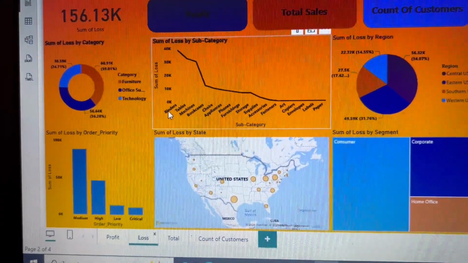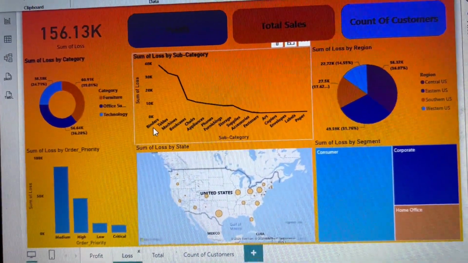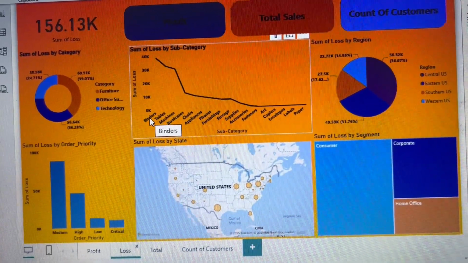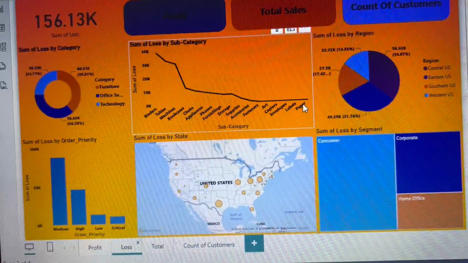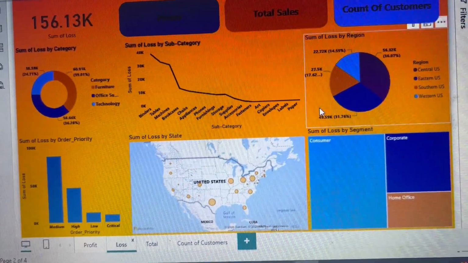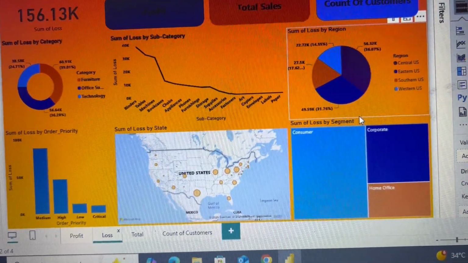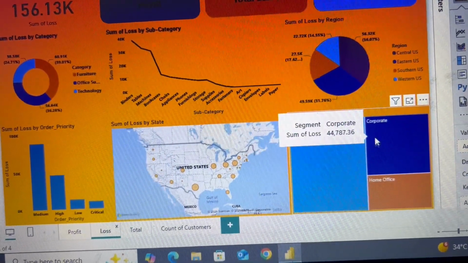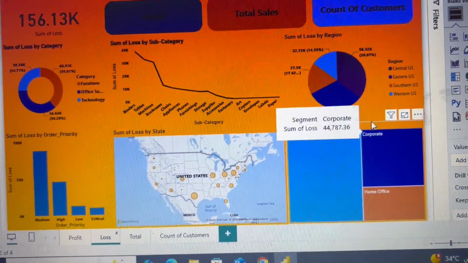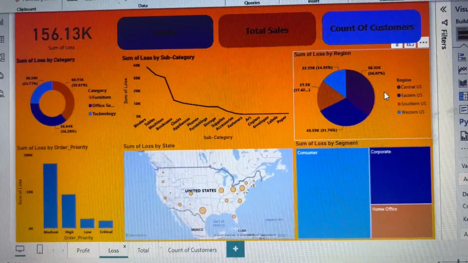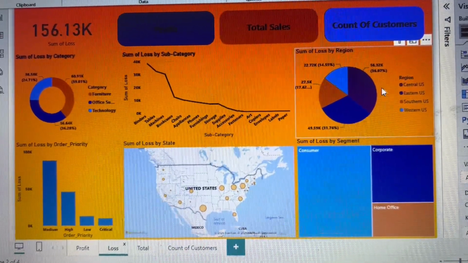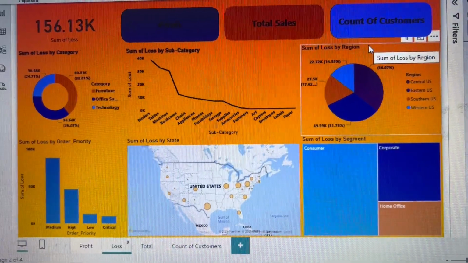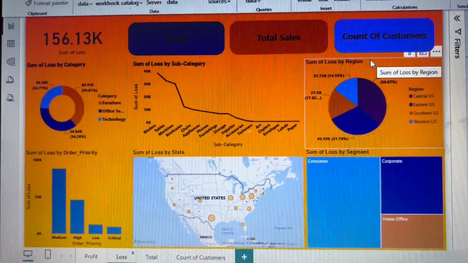The subcategory that was lost from the most is the binders, and the least one was paper and labels, I think. Then this tree map, sum of loss by segment: consumer, corporate, and home office. This pie chart tells me about the region. Central is the most, then the eastern, then the southern, then the western.